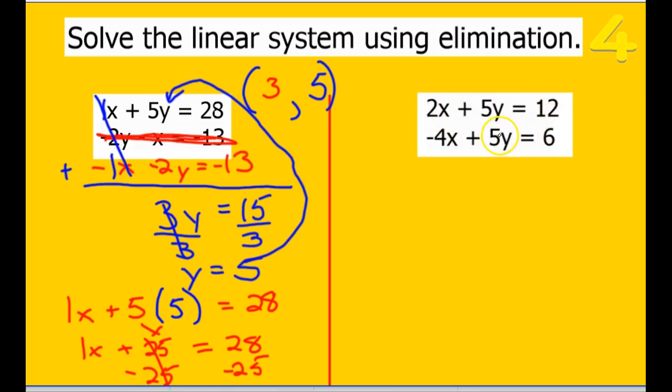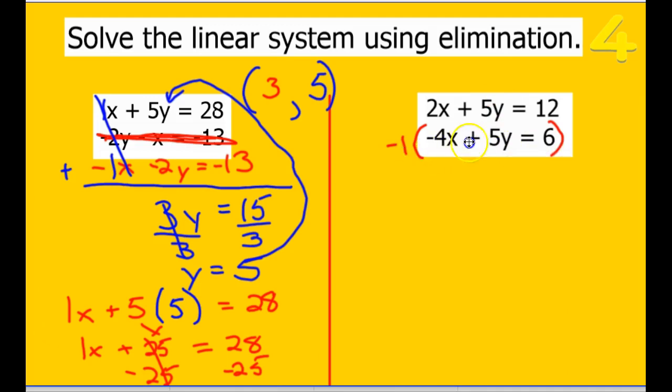So technically right now we can't do elimination because we don't have opposites. One way to give us opposites is just to multiply one of these equations by negative 1. If we already have two numbers that are the same, we can multiply the whole thing by negative 1.